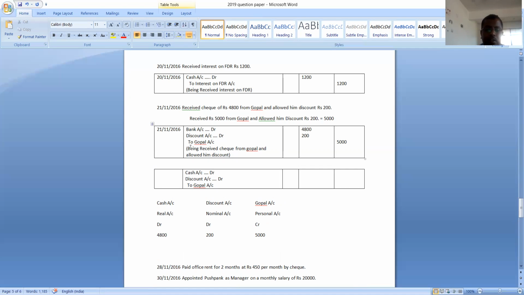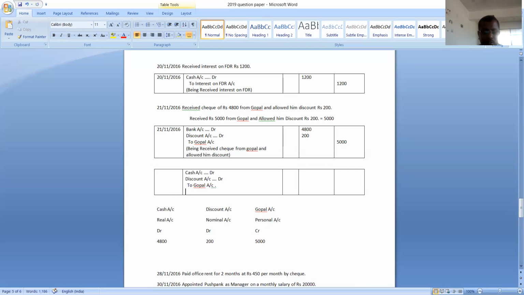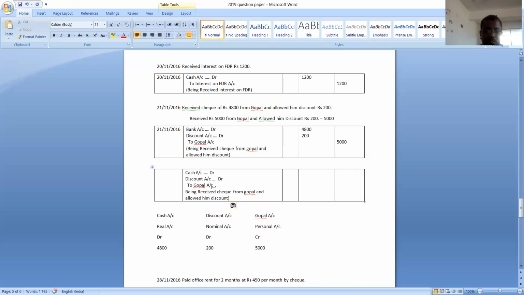Then again, the narration will remain the same. Instead of writing cheque, we should write cash. So that is, being received from Gopal and allowed him discount.